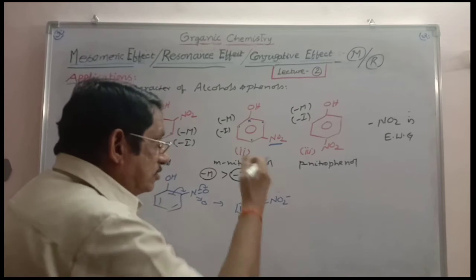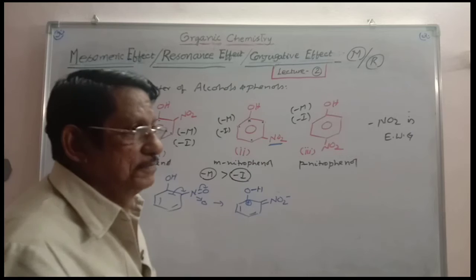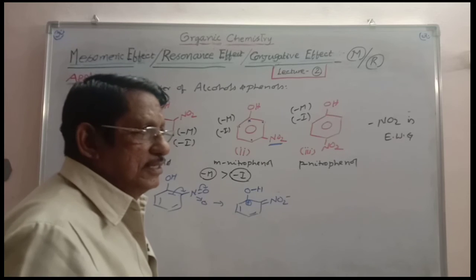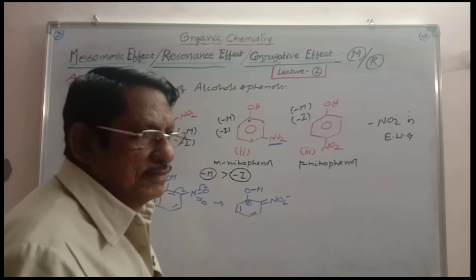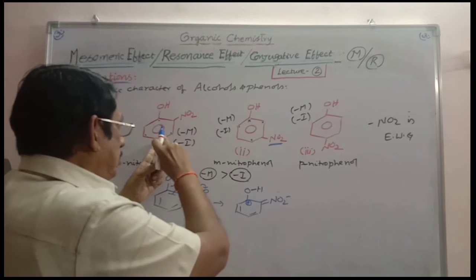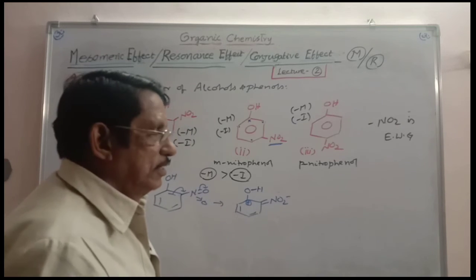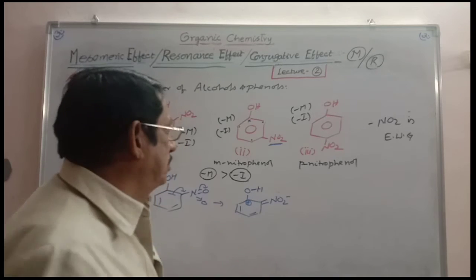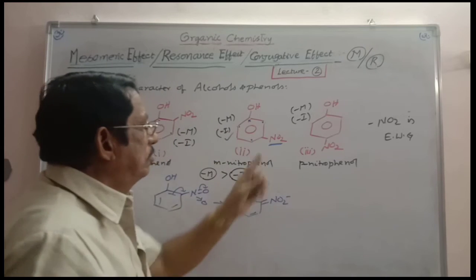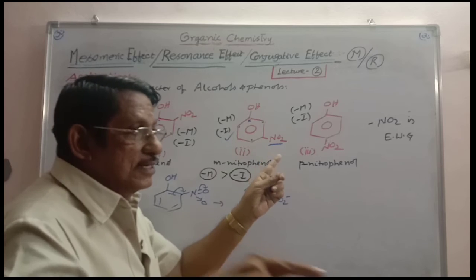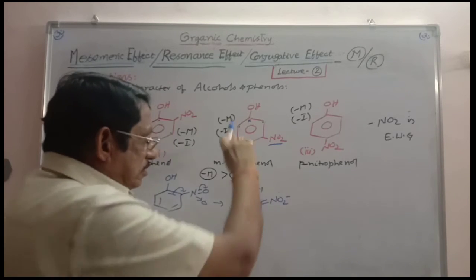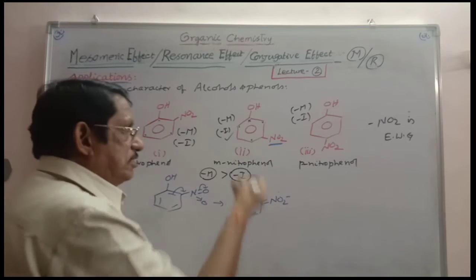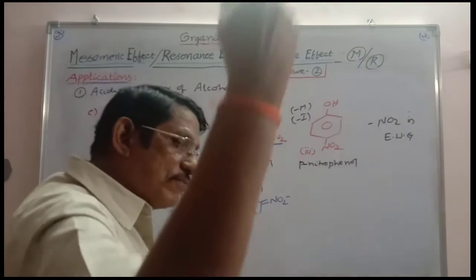But here, once the mesomeric effect is not seen, automatically the acidic character will be slightly greater than phenol, but less than this orthonitrophenol. So the main factor remaining there is only inductive effect. You have to explain the acidic character of phenol to be more enough, because through the minus inductive effect, the benzene ring is deactivated, as a result of which the OH group is releasing proton easily than phenol.